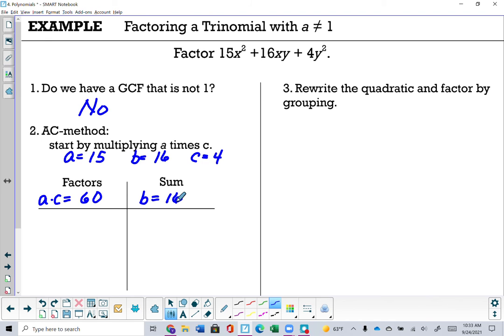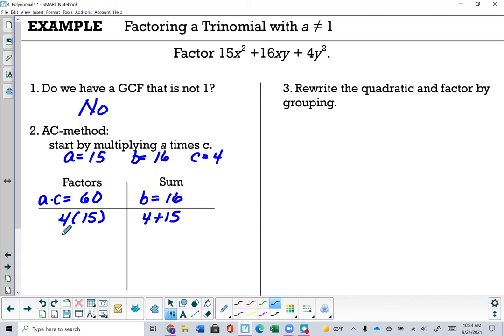We have positives throughout here. So you can start with 1 times 60. You don't have to. You can start with what you think is going to work. I'm going to start with 4. If we do 4 multiplied by 15, that's not going to be what we want, but we're close. I know it because 4 plus 15 is 19, which is near 16.